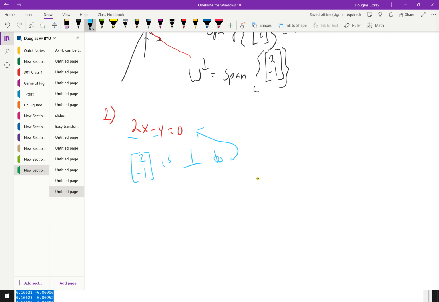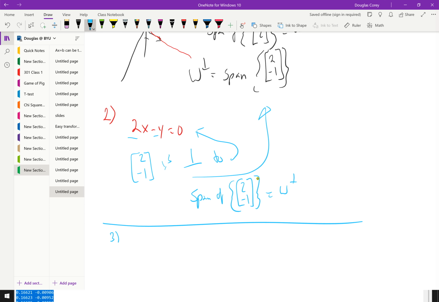Since we're in R2 and this defines one line, one dimension of R2, we only need one more dimension, and this vector gives us the direction, the perp direction. So we can pick the span. Notice it's the same thing, we just got it in a slightly different way. Span of (2, -1) equals W perp.